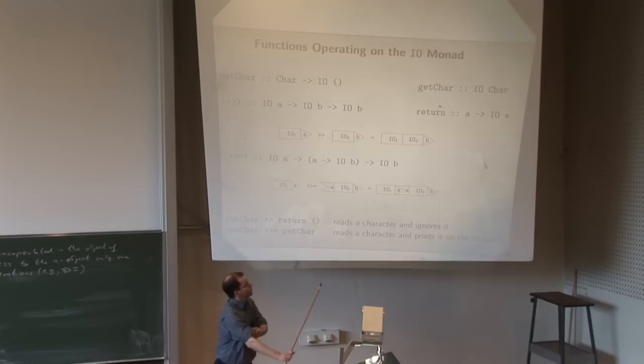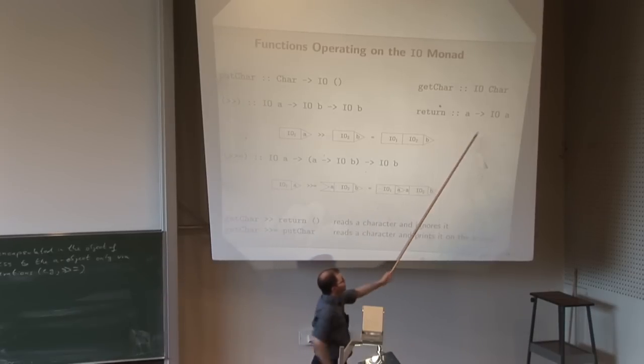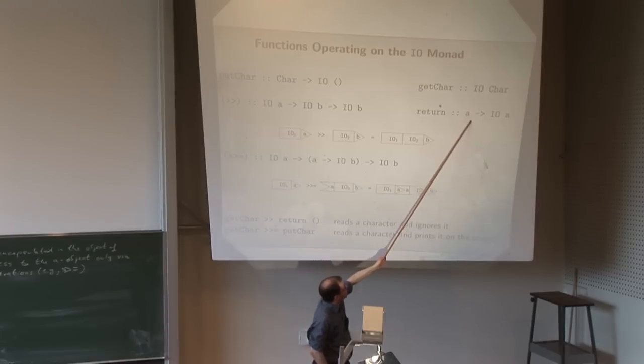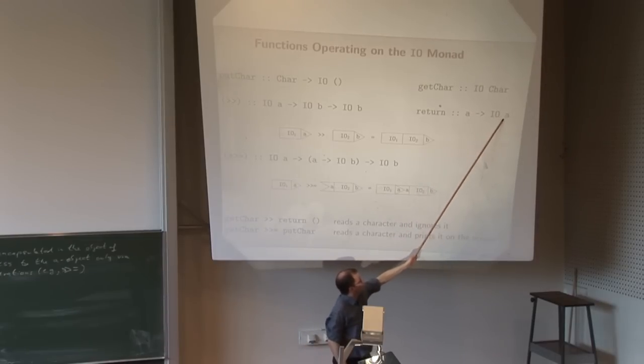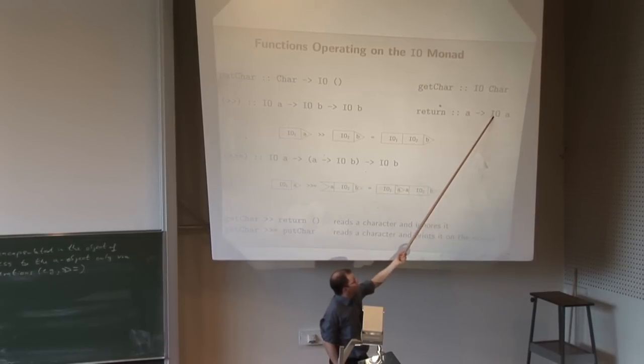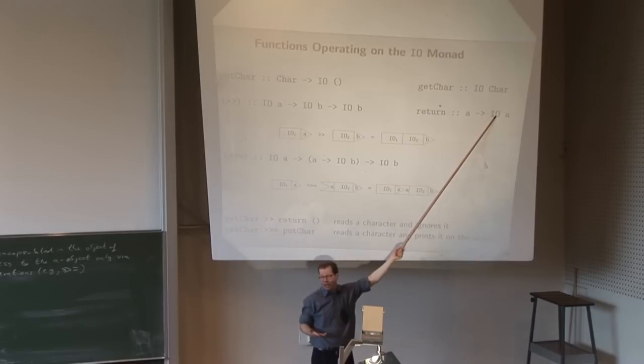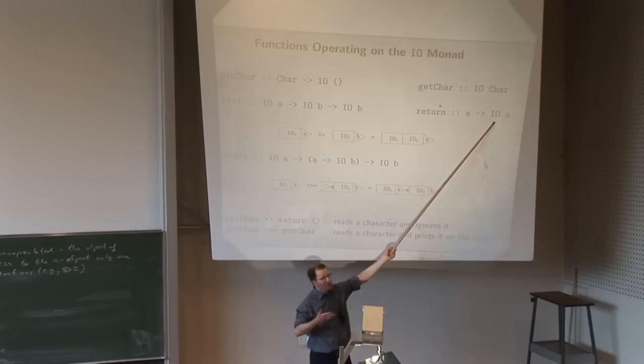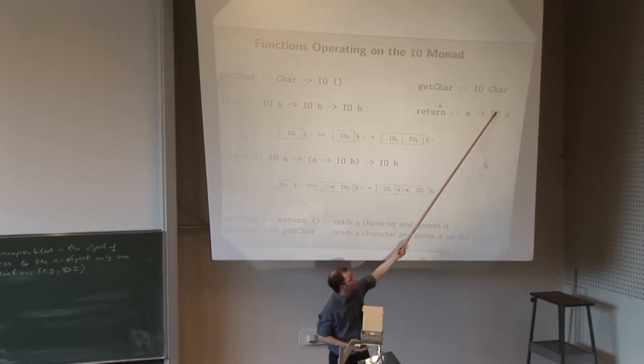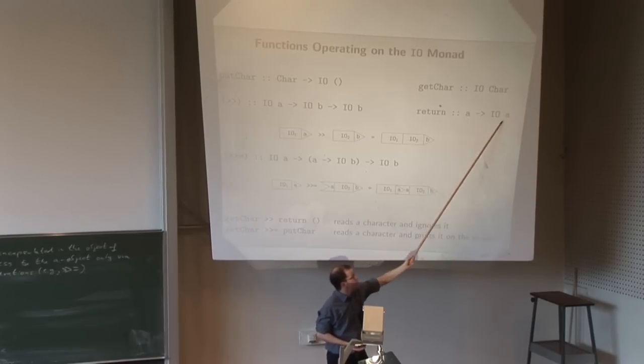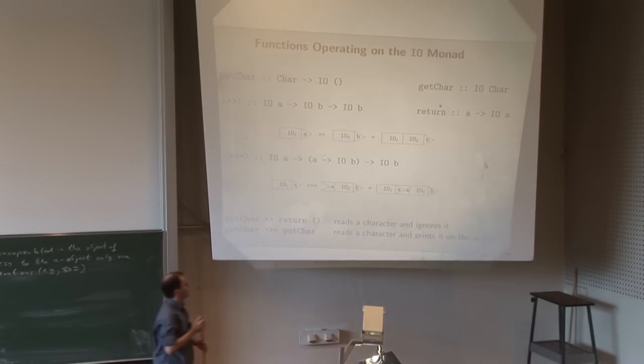And then we also had return. Return creates an empty action. So return takes a value and gives you back the object where this value is encapsulated. And in the particular case of the I/O monad, no particular action is happening. So there is no input-output taking place, but the result is the empty I/O action with the A object encapsulated.